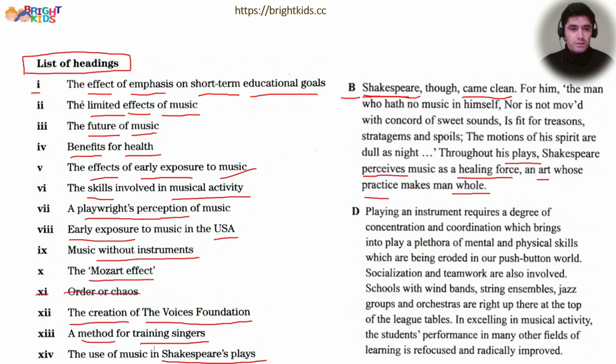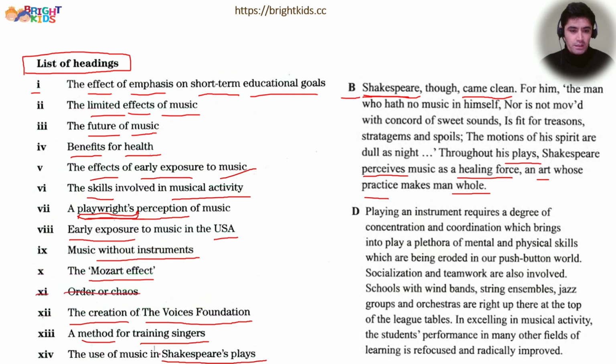We don't have Shakespeare in the first one. In the second heading, there's no Shakespeare. Third, fourth, there's no Shakespeare as well. Fifth, sixth, and seventh. And seventh, we don't have Shakespeare, but we have the word playwright here. You know, Shakespeare was the playwright.